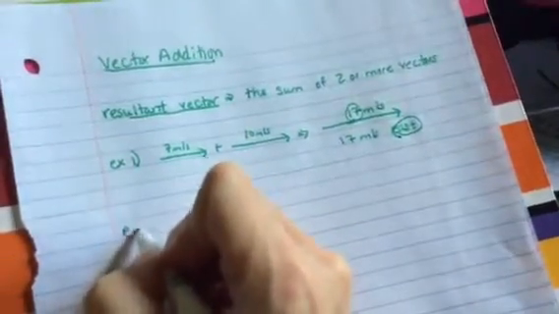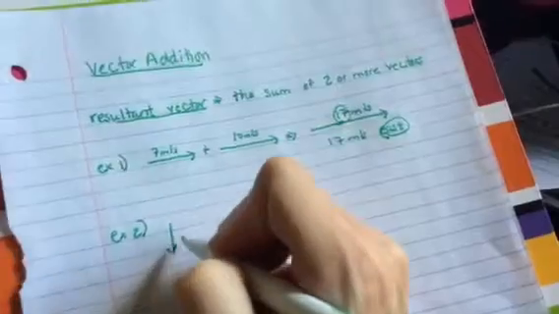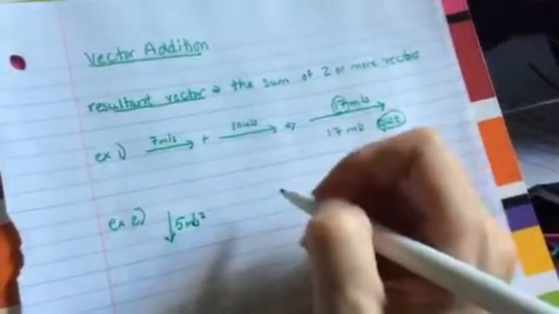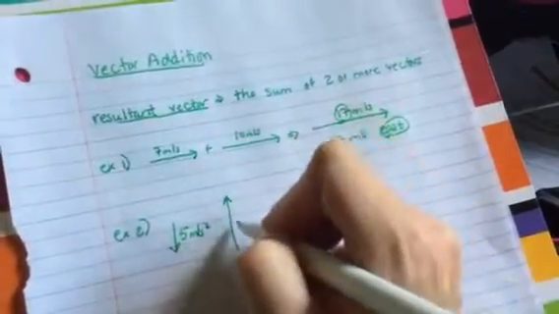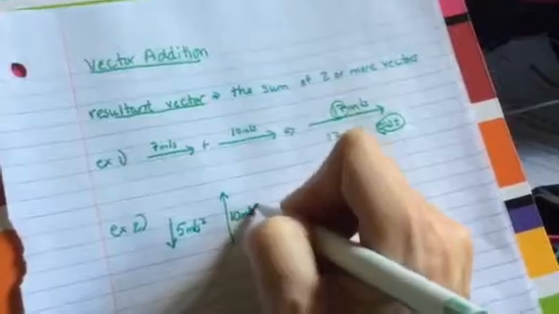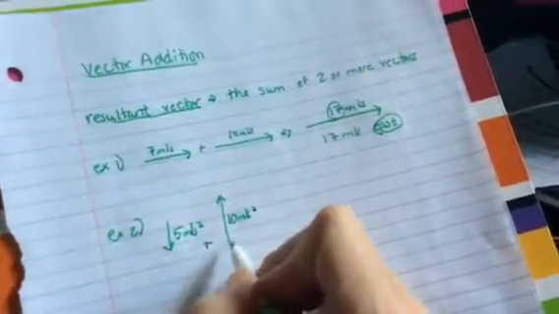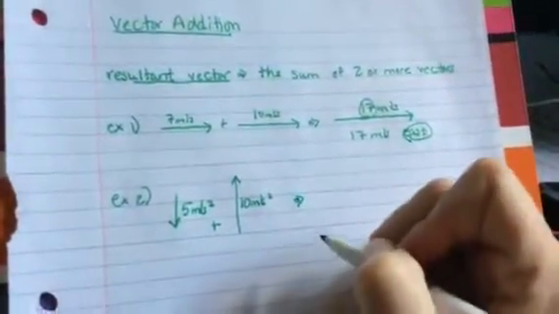Now let's do example 2. Let's say that for some reason an elevator has an acceleration downwards because of its equipment of 5 meters per second squared. But the rope on it is making it accelerate upwards at 10 meters per second squared. Again, these are two vectors, so you can add them. Since they're going opposite directions, I'm guessing you can guess what we might do with them. You would be correct that we are going to subtract them.